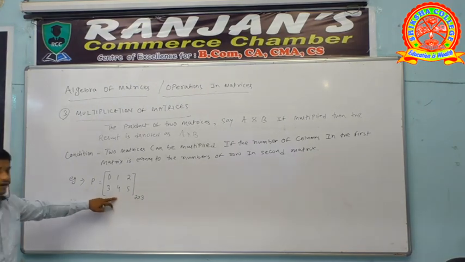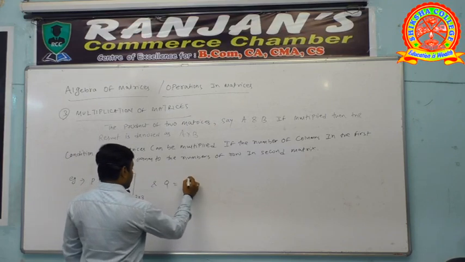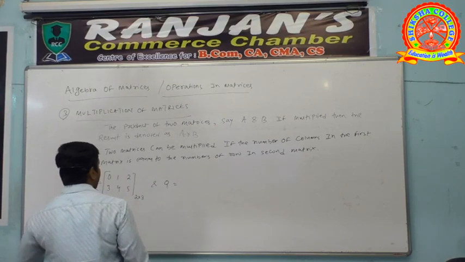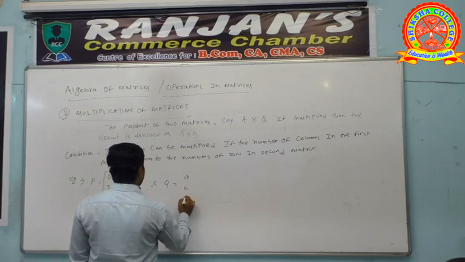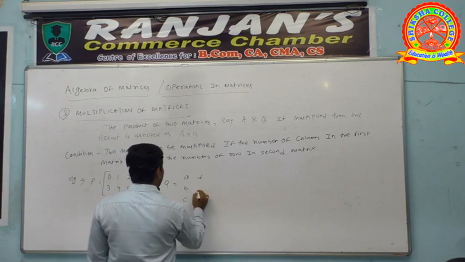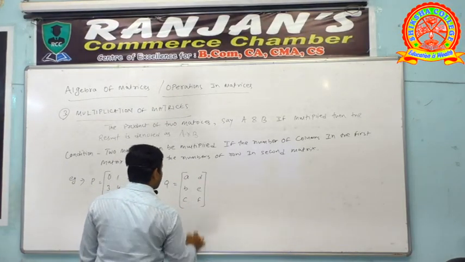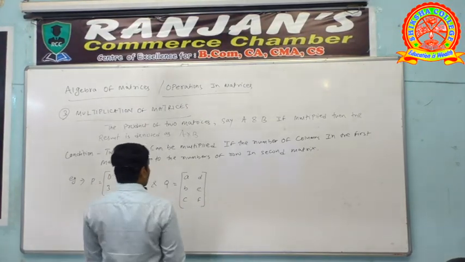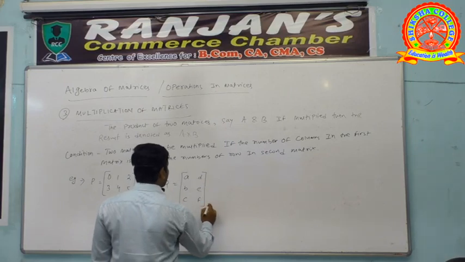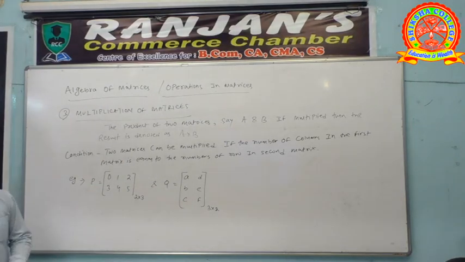That is the first matrix given, and Q is given as A, B, C, D, E, F. Okay, that is another matrix where we have 3 rows and 2 columns.